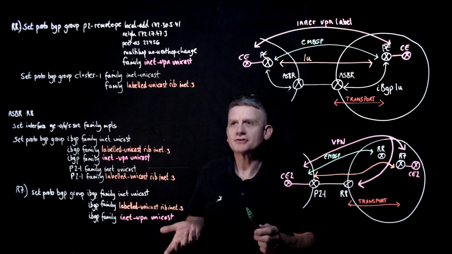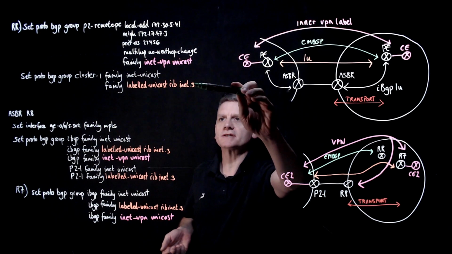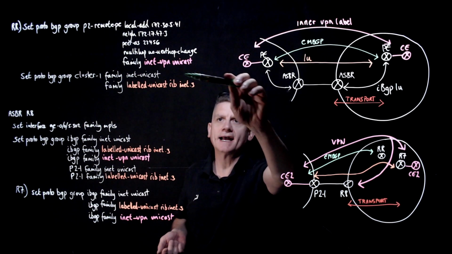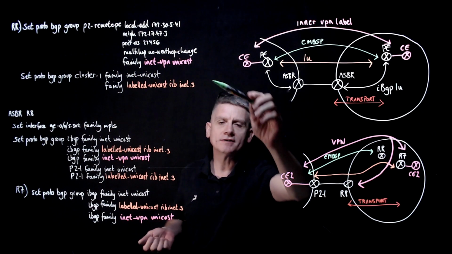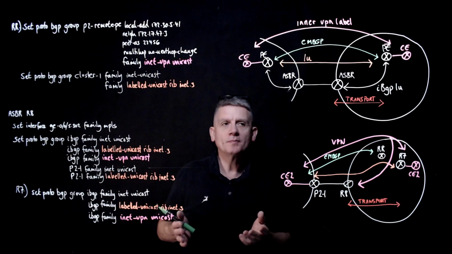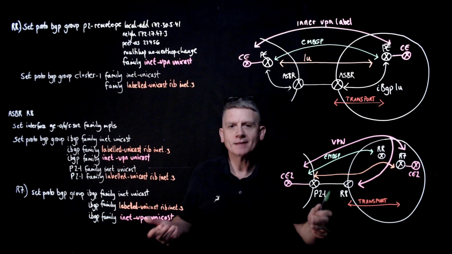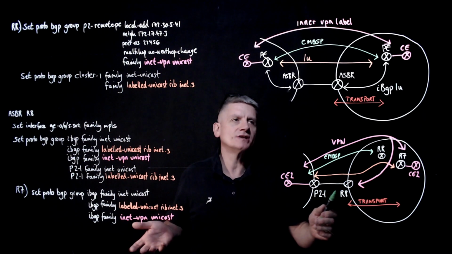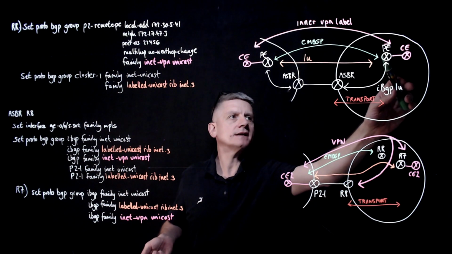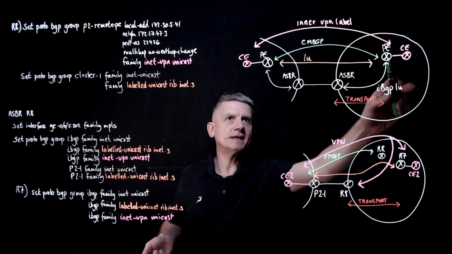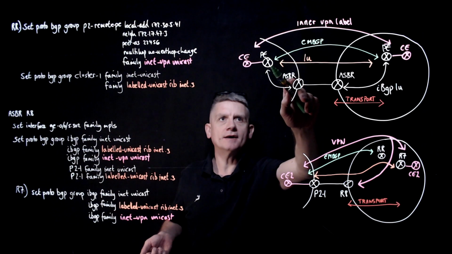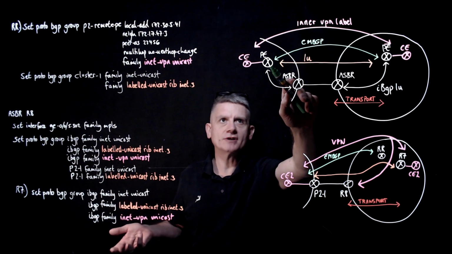So in a moment I have a screen that talks about the operations of the labeled unicast and how it can clash with the inet unicast. It's quite a useful screen. But prior to then, I just want to talk about the resolution of these routes and the three label stack that you get with option C. So it works like this. The PE in this particular AS wants to reach a PE in the other AS to pass VPN traffic.